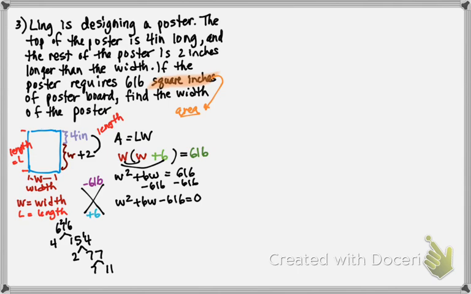Okay, so let's see. Some different things that I can try. 4 times 11 is 44. 2 times 7 is 14. So 44 take away 14 is going to give me 30. That's not it. How about 4 times 7 is 28. 2 times 11 is 22. Ooh, I think that's the match here.